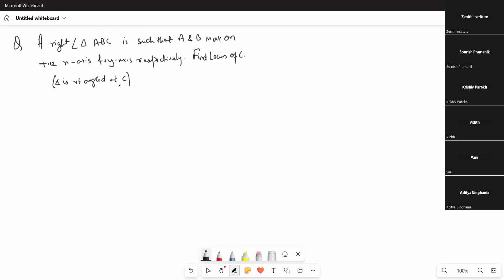Then what would be the locus of C? Options: we have a straight line, circle, parabola, ellipse. Four options for the locus.